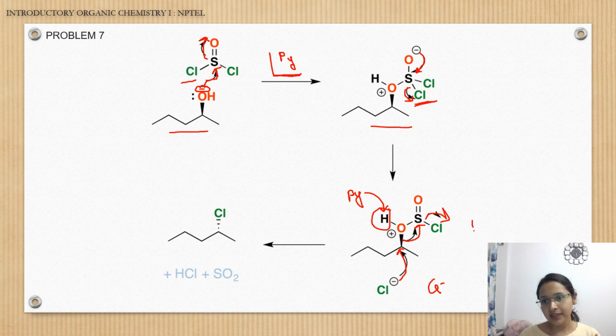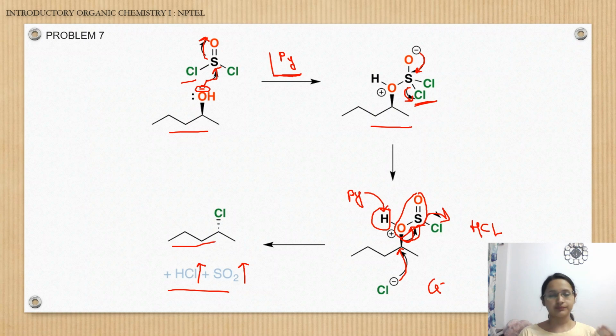That means you have HCl in the system as a byproduct, right? And what you also have is this SO2 fragment, which is coming from here. SO2 is a gas, and HCl is also a gas. So they are knocking out from the system, and what you have is a chlorinated product.